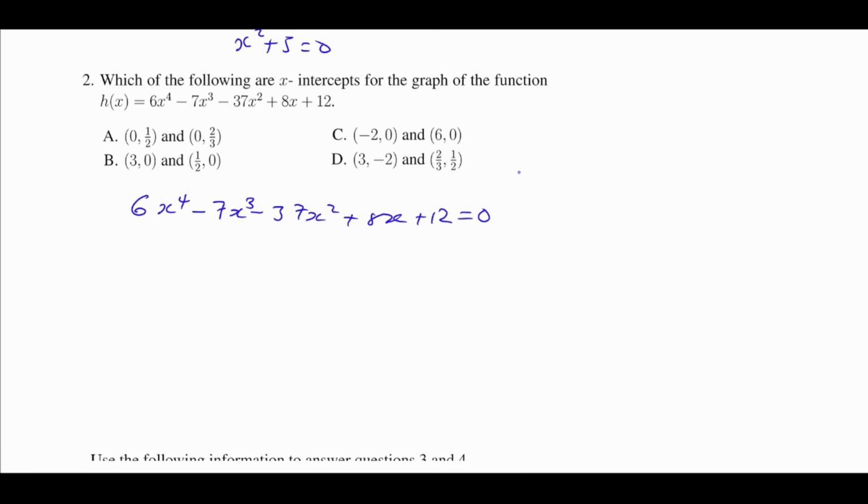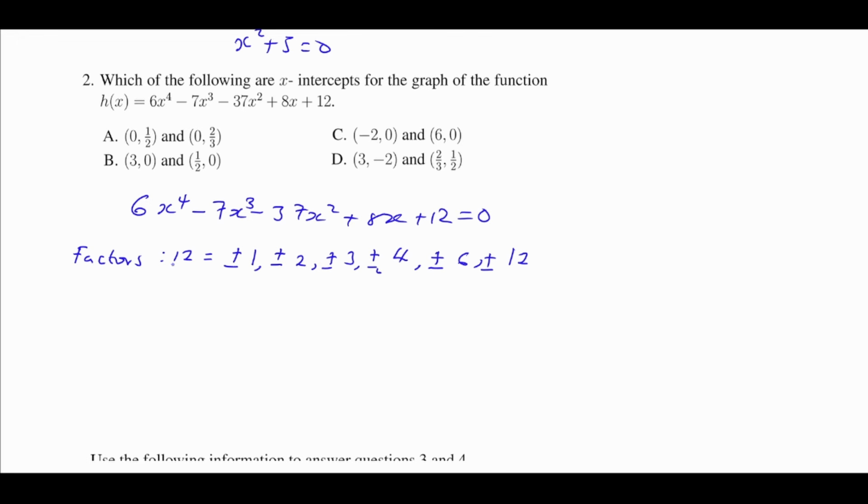Now we do factorization. What we can do is use rational zeros to find that. So we find the factors of 12, the last number, and then the factors of the first number. That's the only thing we do. So factors of 12 give us plus or minus 1, plus or minus 2, plus or minus 3, plus or minus 4, plus or minus 6, and plus or minus 12 itself.